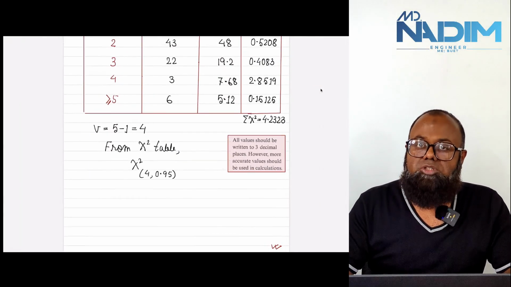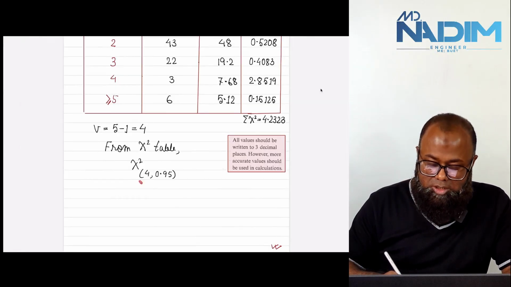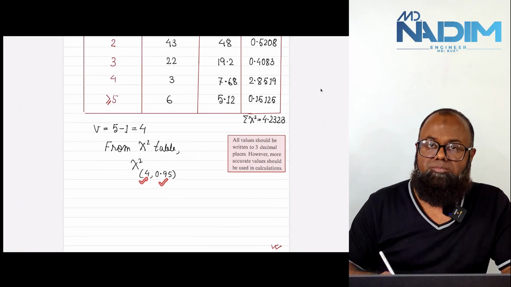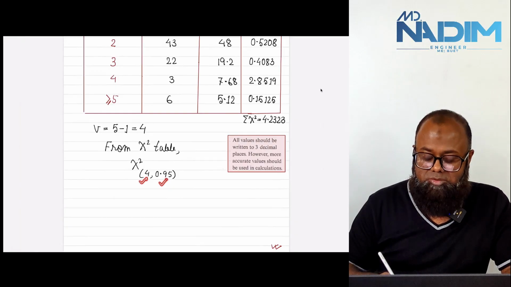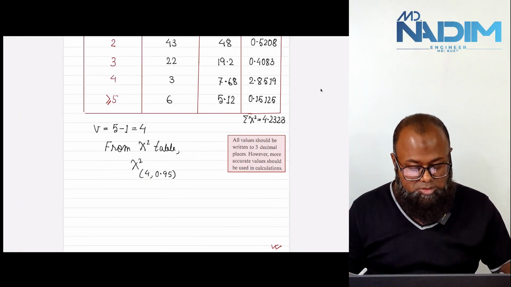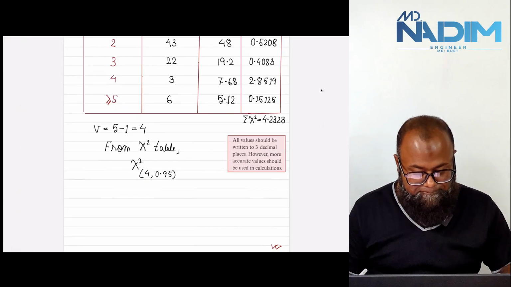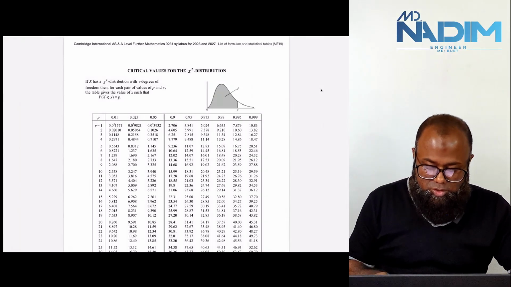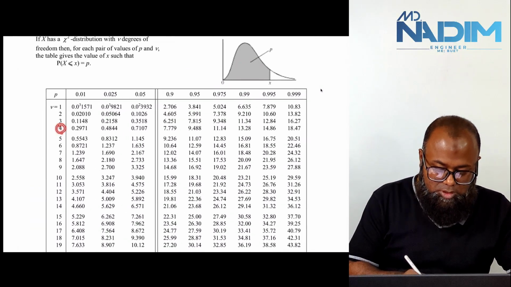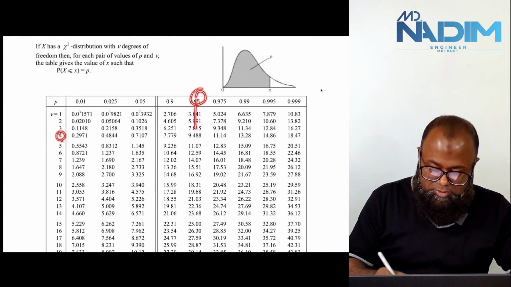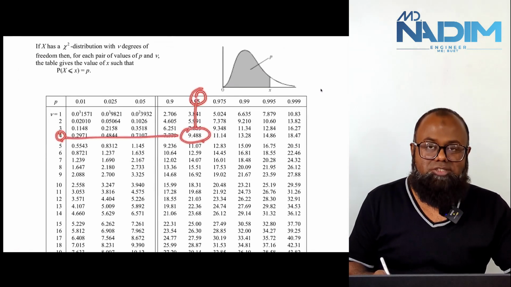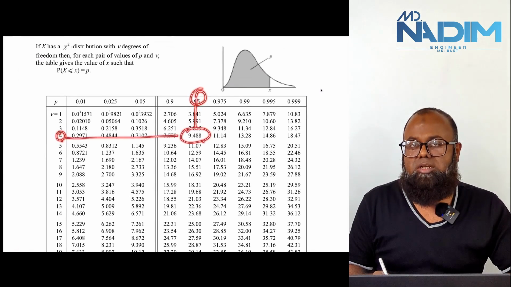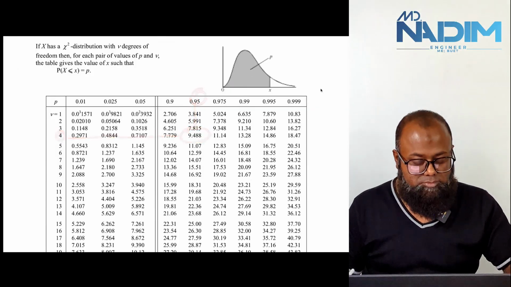Now I will go to the chi-square table for nu 4 and significance level 0.95, and try to get the value of the chi-square. So let us go to the table, guys. So nu 4 and probability 0.95. This is the value of the chi-square from the table, or we can say that this is the critical value.